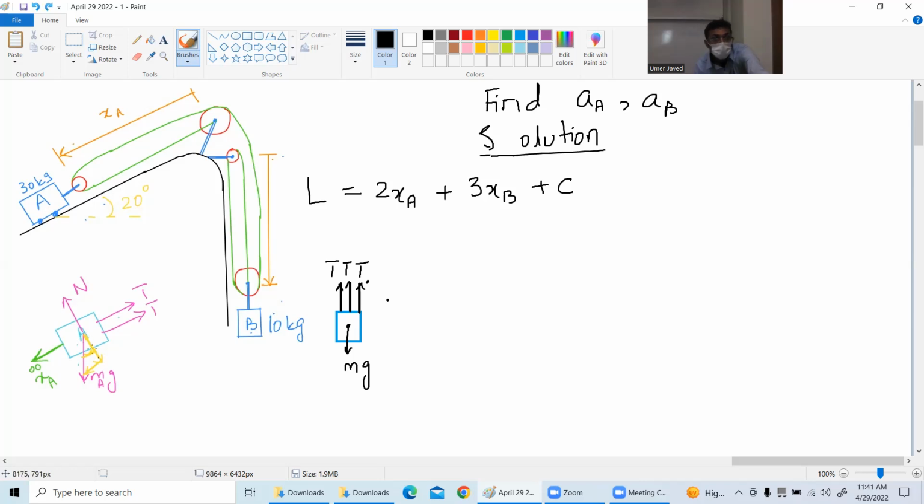There is mg, and then we have two of these wires that are giving a tension. Now, the first thing I will do is write summation of forces for the object A is equal to m times x_A double dot.